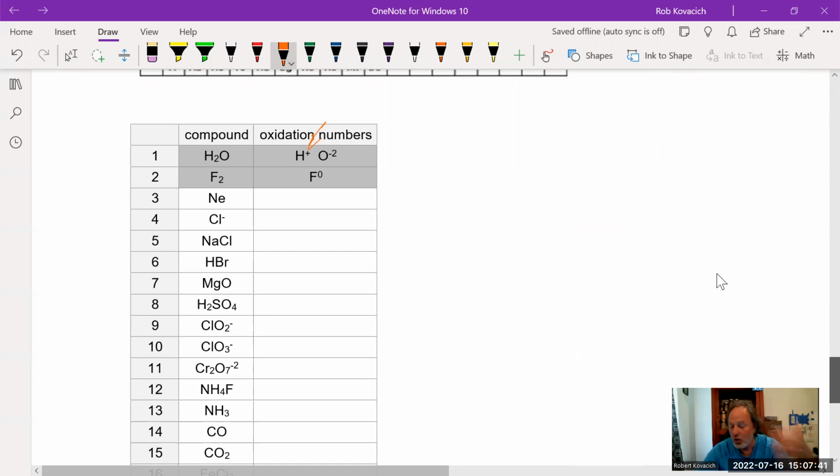Oxygen's a nonmetal. There are no exceptions to the rule that hydrogen needs to be a +1 charge. So now, if I have 2 hydrogens, and each one has a +1 charge, but water has a 0 overall charge, then by default, the oxygen needs to be a -2, because +1 +1 -2 gives me 0. That's how I can figure out what the oxygen's charge is, being a -2.